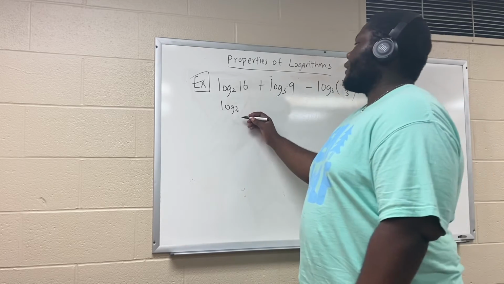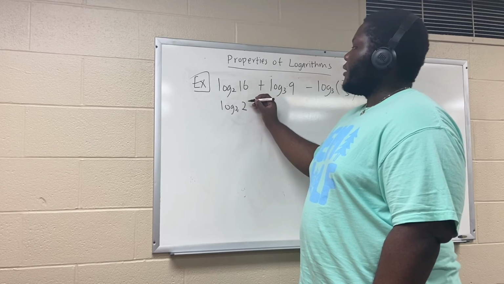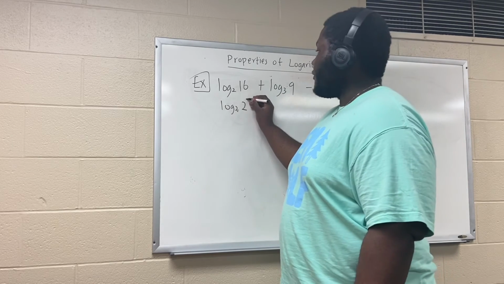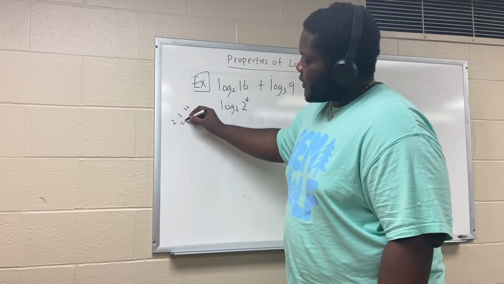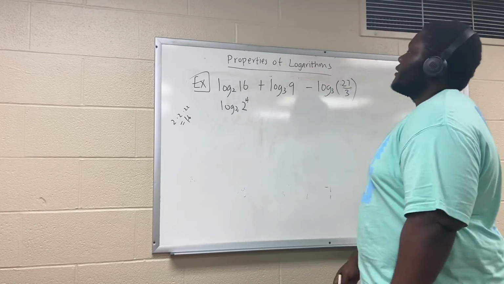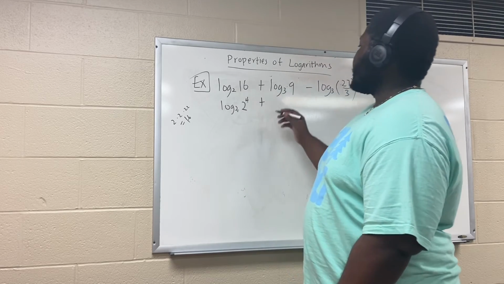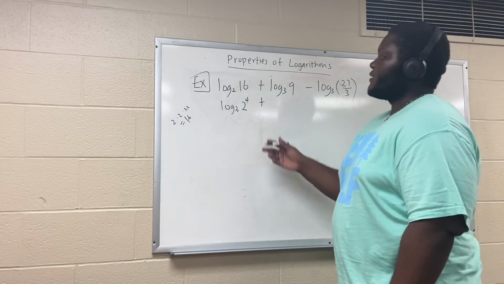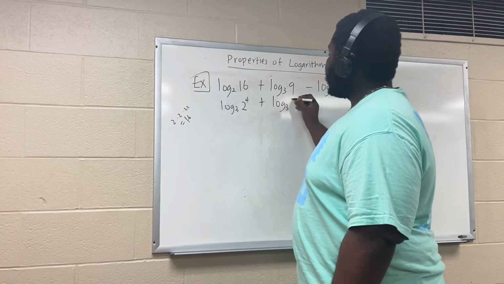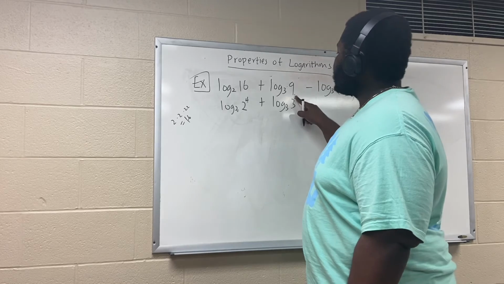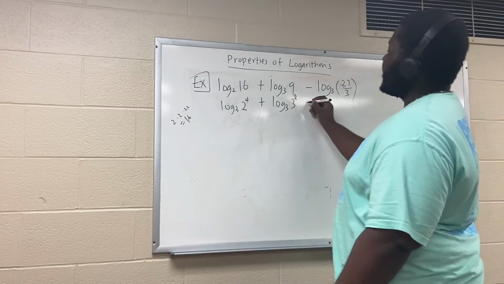What number do you have to raise 2 to in order to get 16? That would be 4. 2 times 2 times 2 times 2 is 16. Plus log base 3 of 9. Similarly, we can write log base 3 of 3 to the power 2, because 3 times 3 gives us 9. And then we subtract.